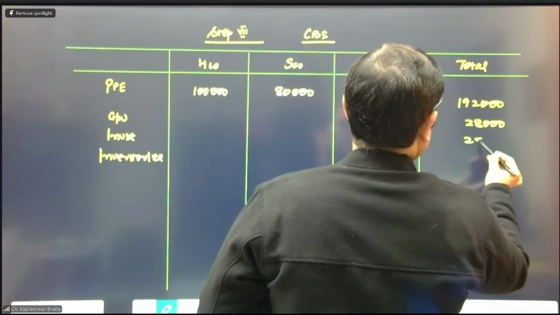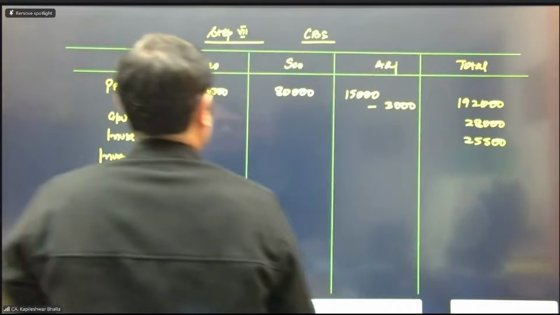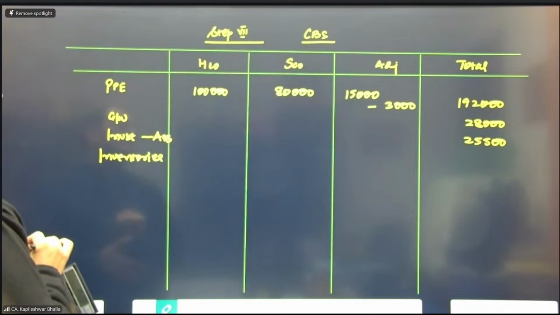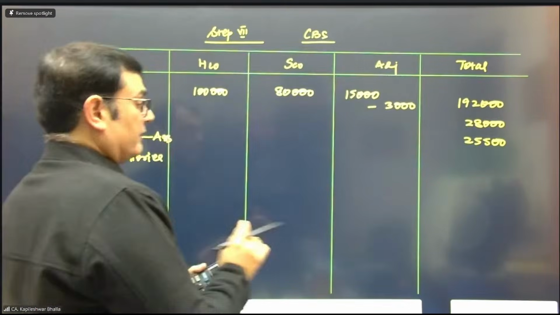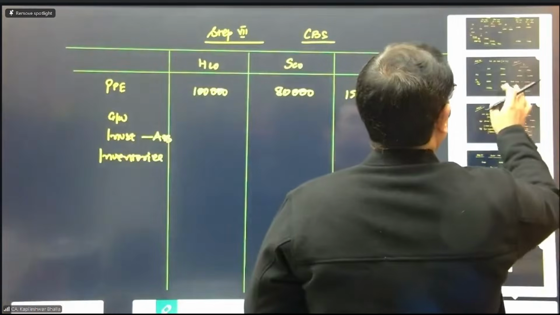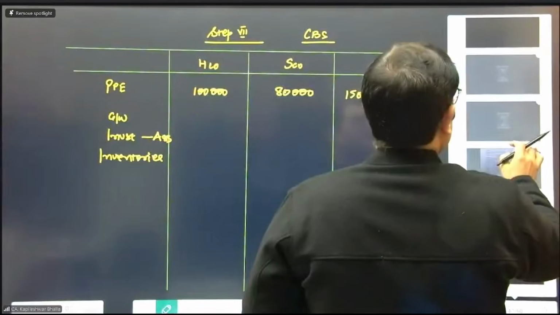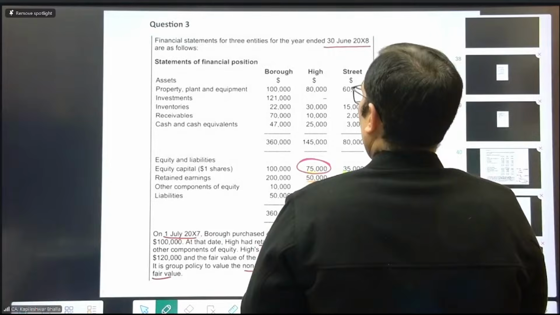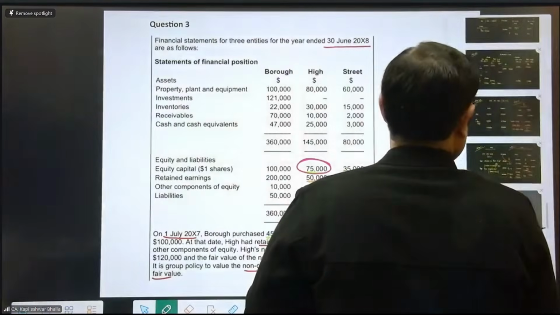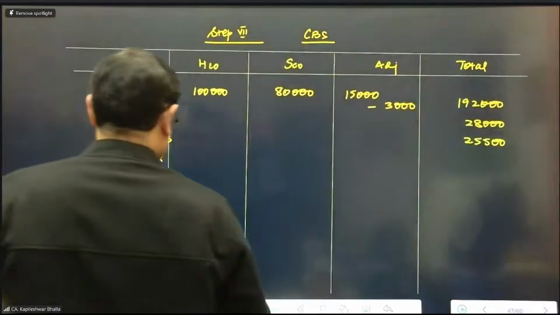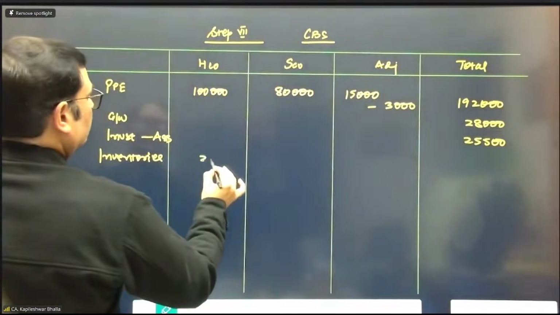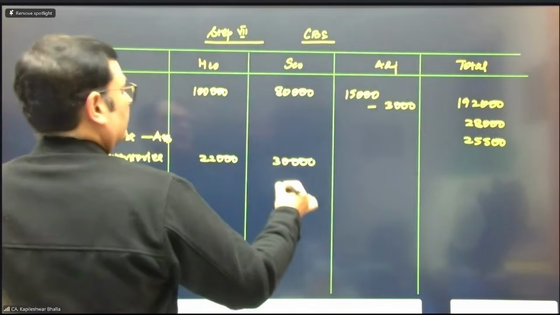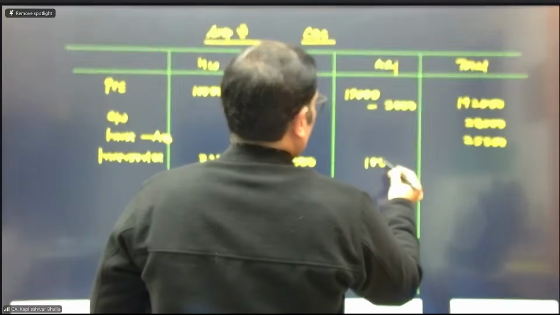This is the investment in the associate company, where you can show the goodwill in brackets. Then inventories. Inventories is 22 and 30. This is 22 and this is 30. Then I think there was a stock reserve of 1,000.